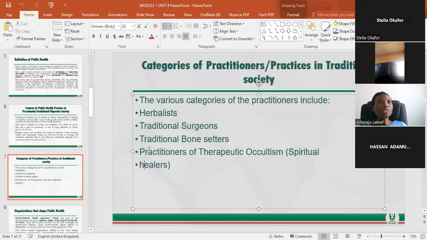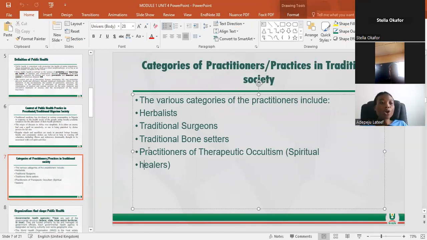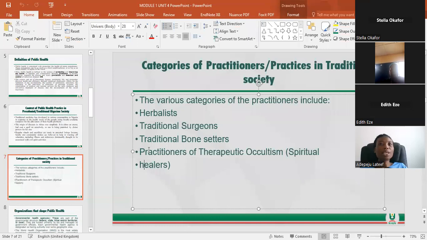Yes, I've watched it on some occasions where they have to make some incantations, and based on the incantation, they have their way of knowing or seeing who is actually behind the problem, or what the problem is and the solution to the problem of the disease an individual is going through. So they prescribe certain rituals or sacrifices that the person should bring.